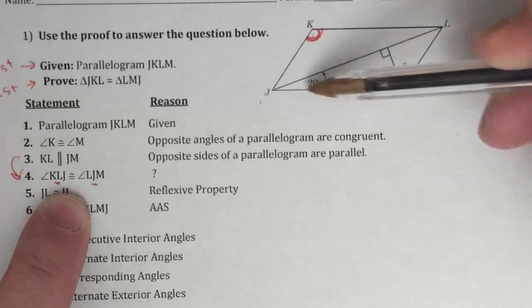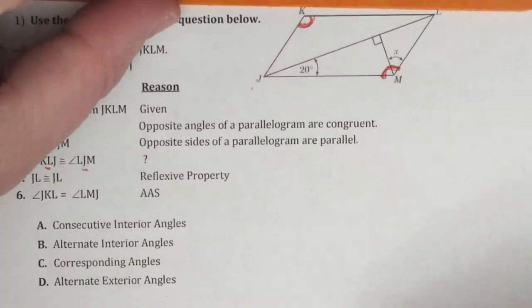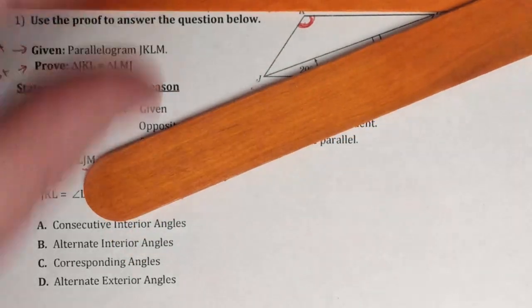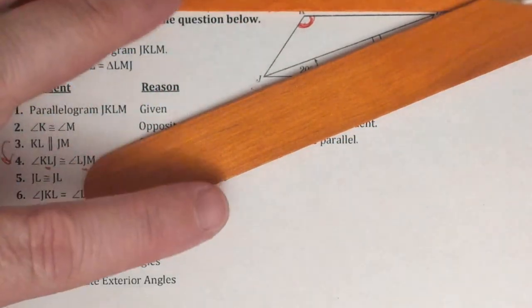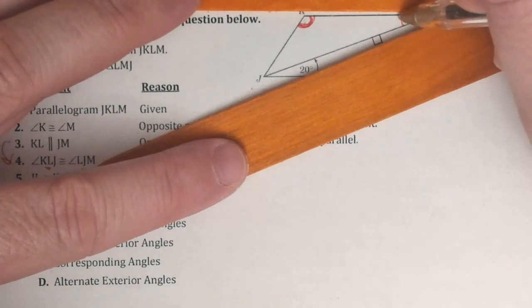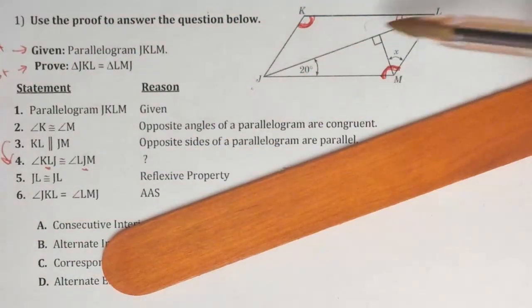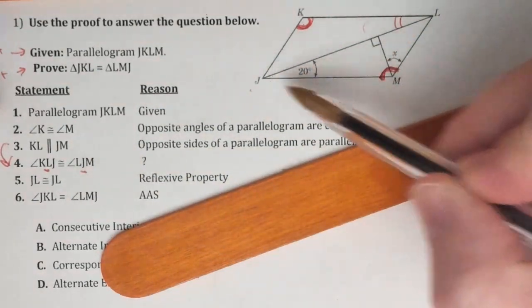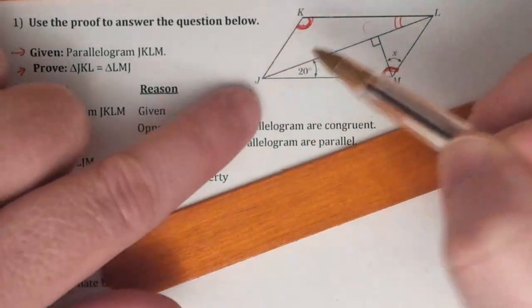So KLJ would be this part right here. So they're talking about this angle. So this is a second set of angles, so I'm going to mark this as double. So that's the top angle right there, is equal to LJM. So the center letter is J. So it's definitely at J.